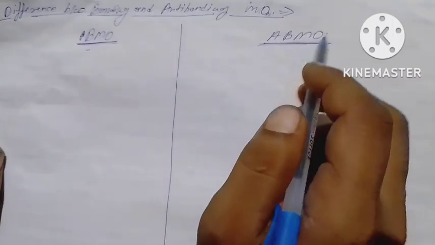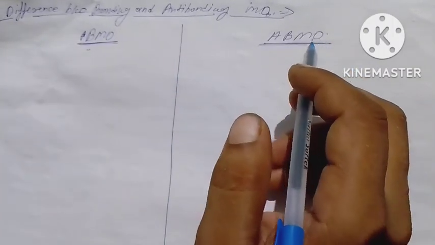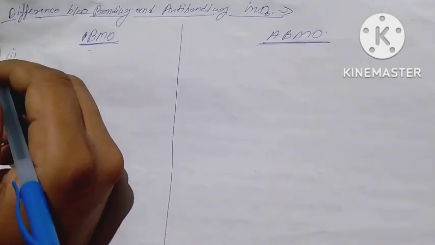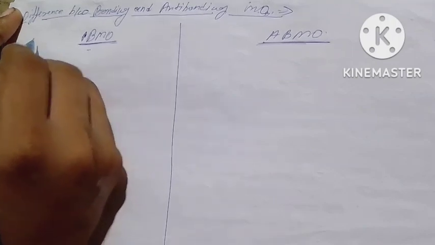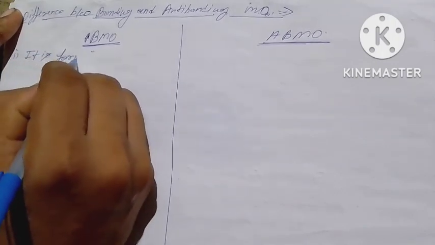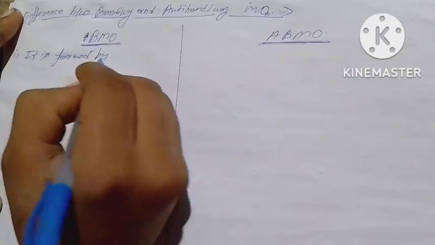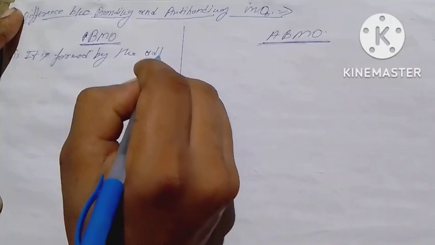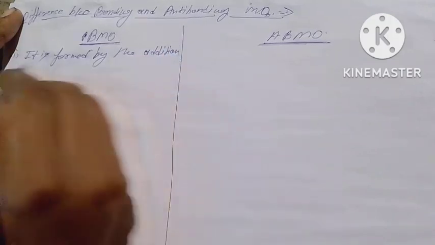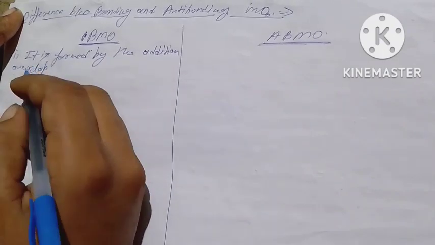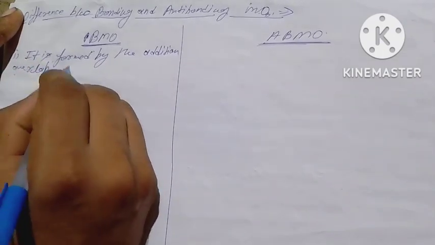First point, in BMO, it is formed by the addition overlap of atomic orbitals.